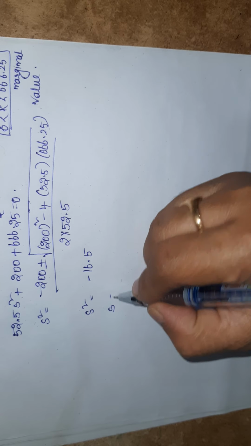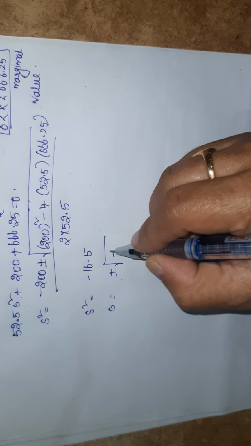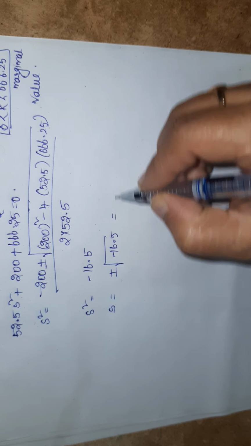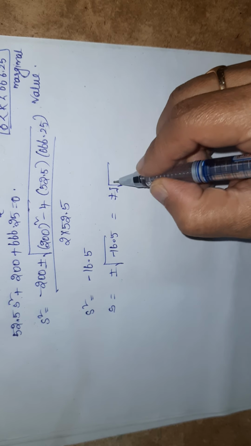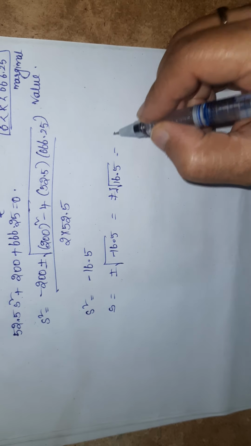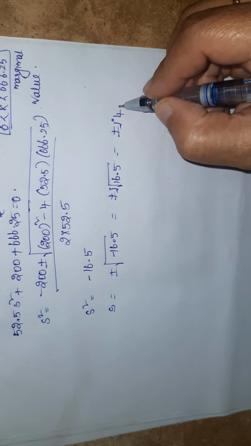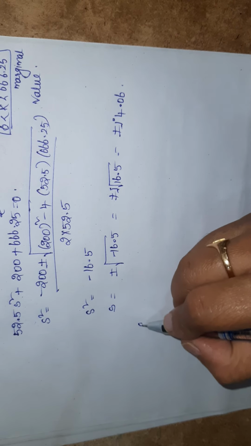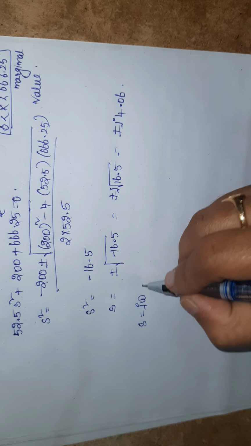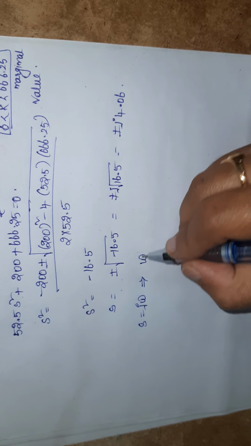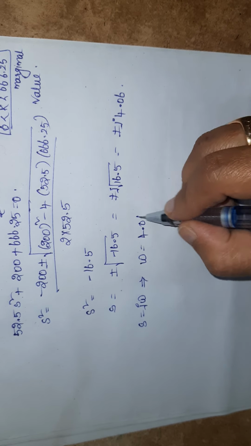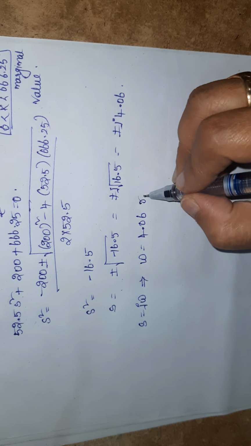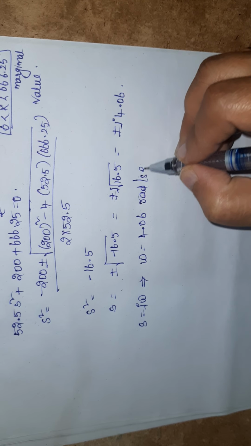So s will be equal to plus or minus root of minus 16.5, which is plus or minus j root 16.5, plus or minus j 4.06, because s is equal to j omega. Here omega is equal to 4.06 radians per second.